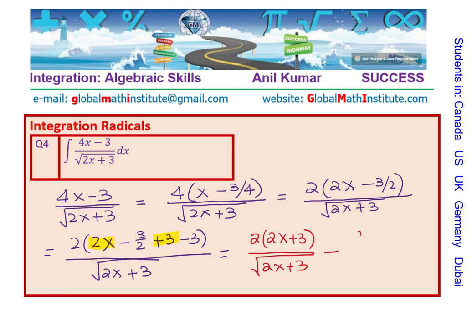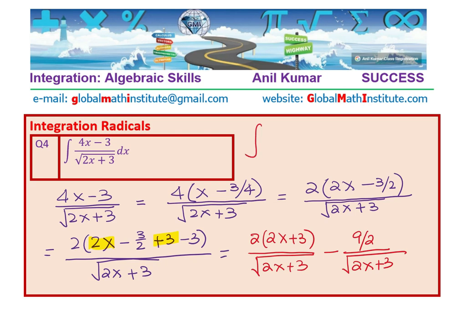So 9 by 2 over the square root of 2x plus 3. So we have rewritten the integral in that particular form. Makes sense? So basically, now you can write this as the integral of 2 times 2x plus 3 to the power of half, minus 9 by 2, 2x plus 3 to the power of minus half, dx. Makes sense?